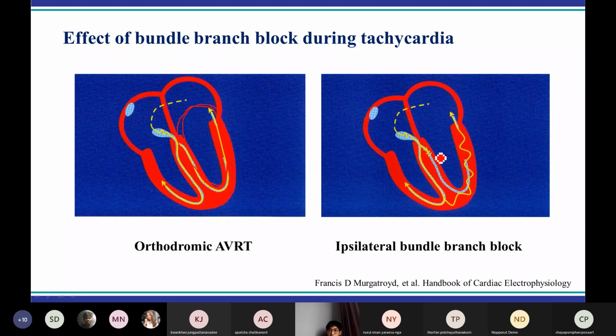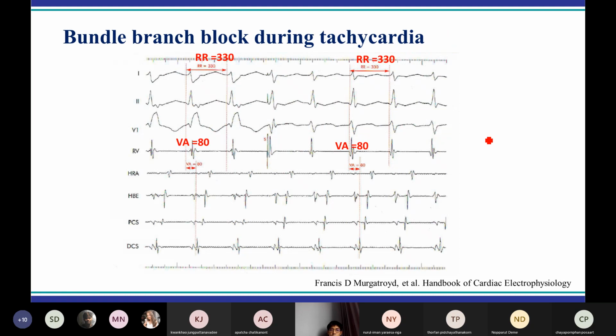But if there is a block here, this is the left bundle branch block, the signal would detour into the right bundle and go back up to the atrium and the accessory pathway. So if an ipsilateral bundle branch block results in a different VA interval, you could tell that there is an accessory pathway in the patient.